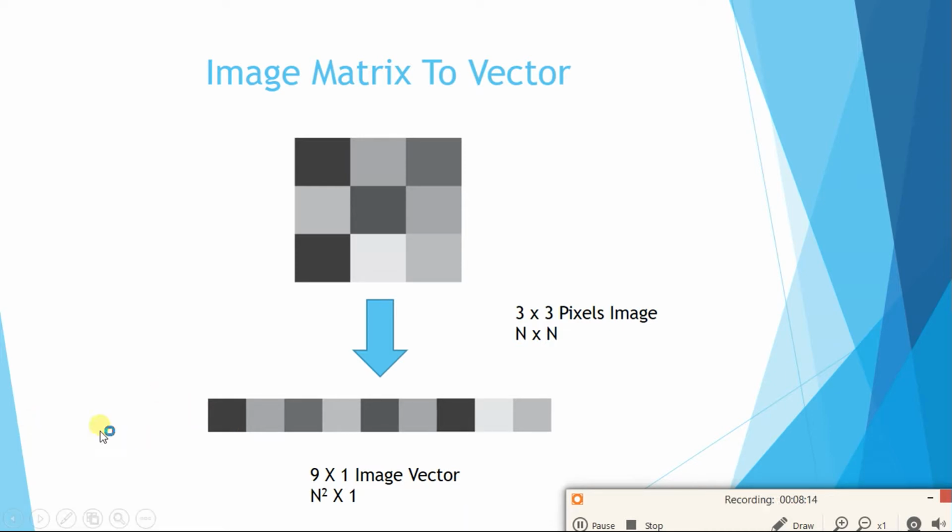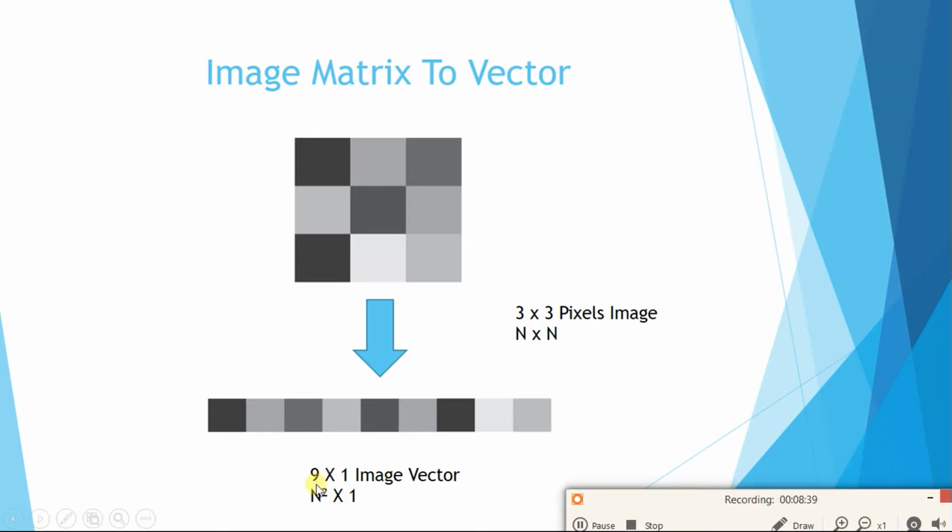Here the first pixel will be different for all images. So we can say this is like the x direction, the first dimension for all images, and this is the second dimension for all images. So there are n square dimensions, because originally this was an n by n image. When we convert this into a vector, it becomes an n square cross 1 vector.